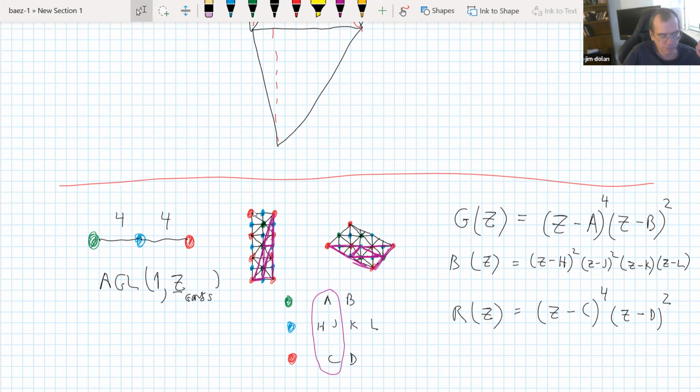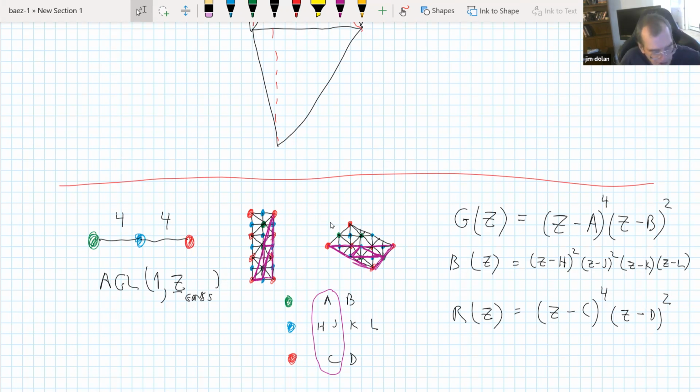Part of the whole point of this example, when I tried to work it out, was that this should be a really simple example. The whole Galois symmetry should just be quadratic, because it's supposed to switch back and forth between these two elliptic curves, these two Gaussian designs.